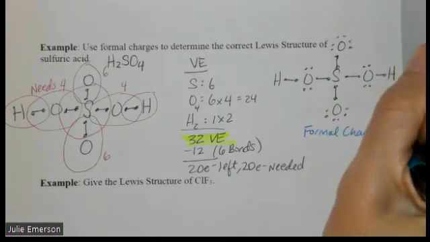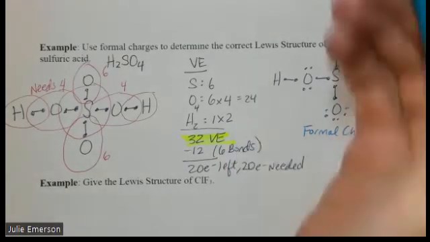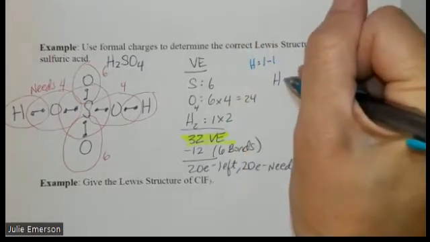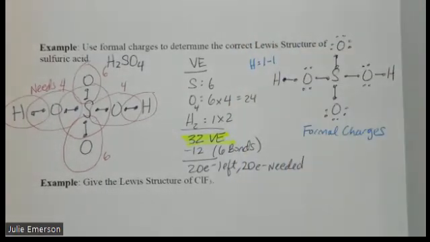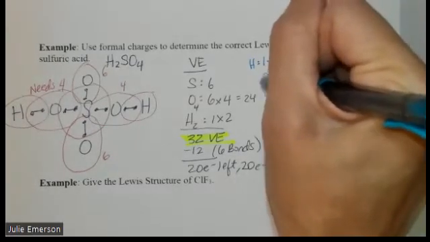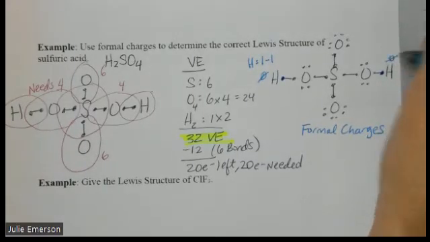All right, so I'm going to just put these in blue. Now hydrogen comes in with 1 valence electron, and we've assigned it 1 valence electron, right? We're saying that that one there is the hydrogen. And so formal charge on the hydrogen goes to 0. And the same would be true over here. This would be a 0.